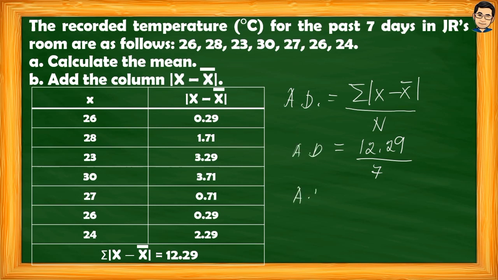So 12.29 divided by 7, the result will be 1.76. So that means that is the average deviation, the average distance, of how far the average temperature is from all the temperatures for the past 7 days. So, 1.76.